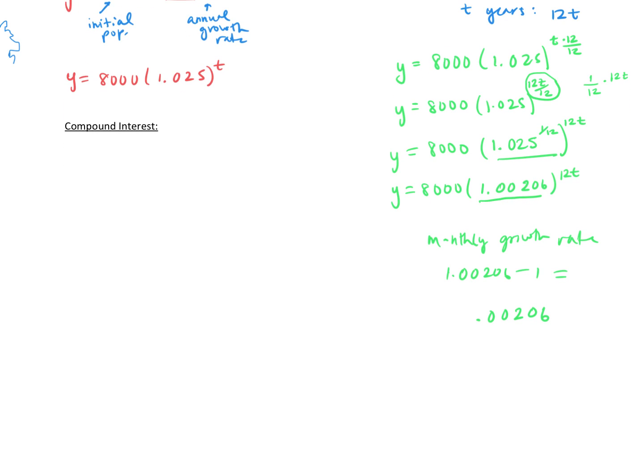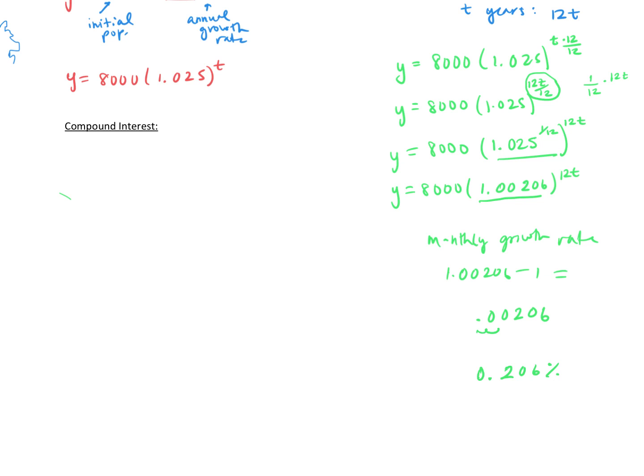Let's turn it into a percent. Just move that decimal over 2 times. So we have 0.206%, which is about 0.2%. So it's very, very small. It's less than 1%.